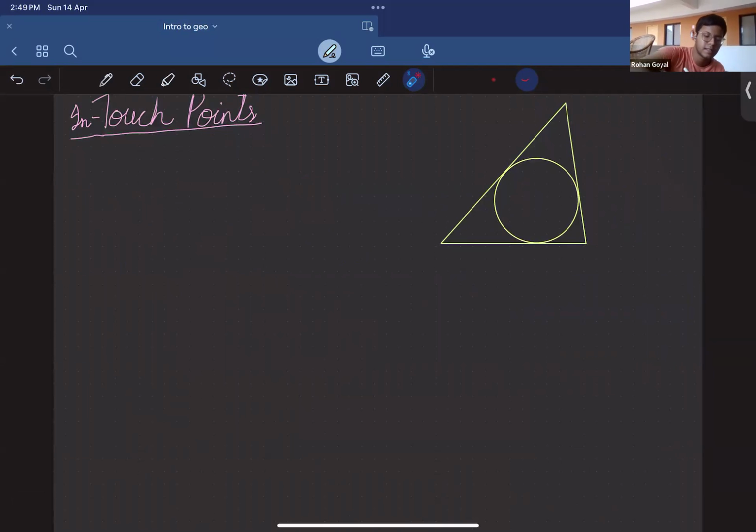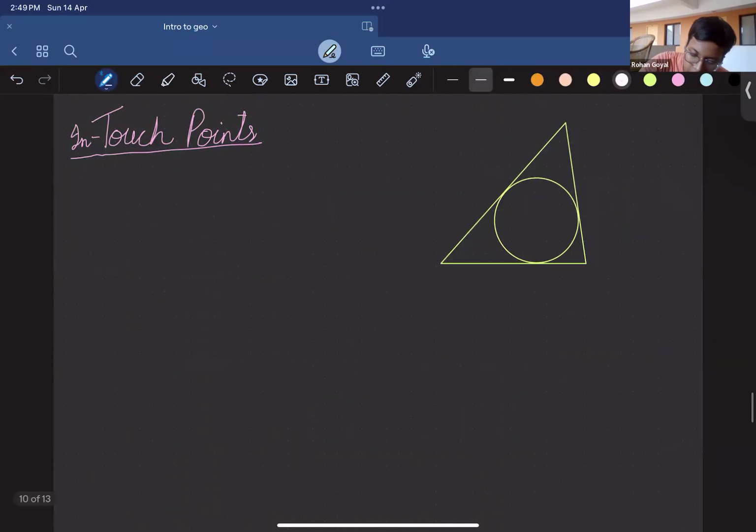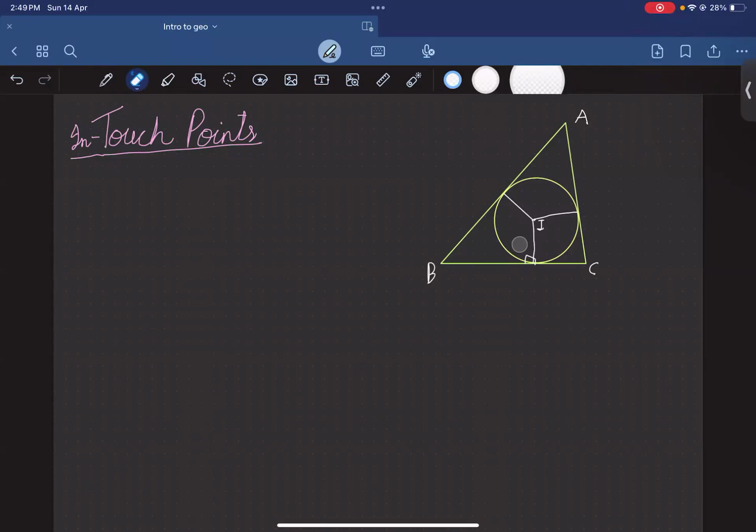So the final thing is, if you remember earlier, what did we prove? We proved that if we have a triangle ABC, there was a point I which was on the angle bisectors of angle A, angle B, and angle C. And how did we prove that? We showed that this point I is actually equidistant from all three sides.